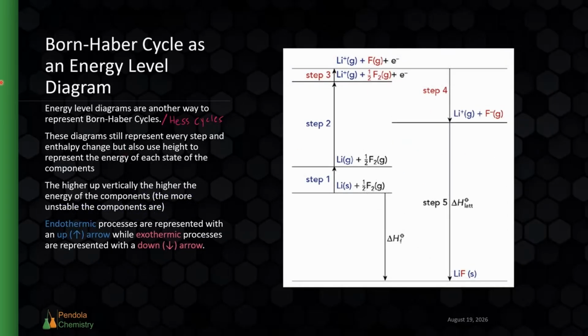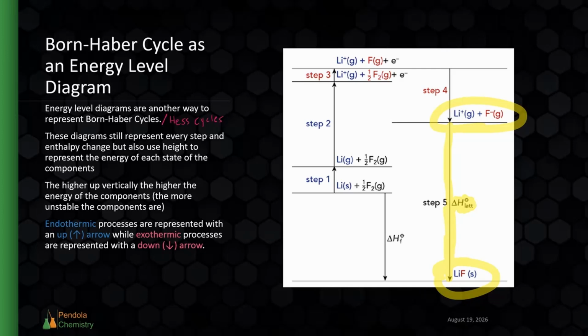If we look at this, we actually still have all of those components. Here in yellow, we have the enthalpy change of the lattice. And that's still the same enthalpy change of the lattice that we saw earlier. It is now just pointing down instead of sideways. We're still going from the gaseous ions to the solid ionic compound.